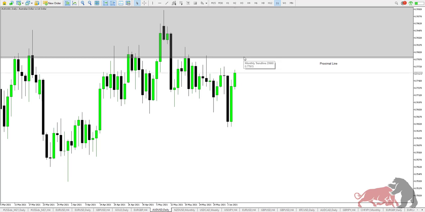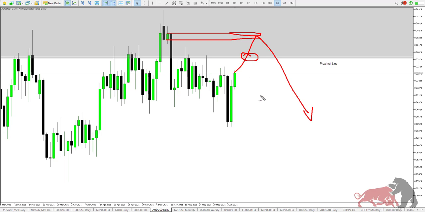Expect Aussie dollar to trade inside this monthly bearish order block. If there's still momentum to the upside, take note of this bearish order block here. This will be your optimum entry for short trades on Aussie dollar. This bearish order block here, this will be your ideal entry for shorts.